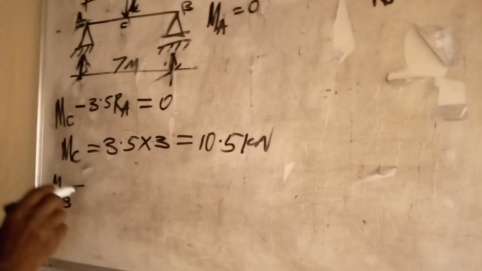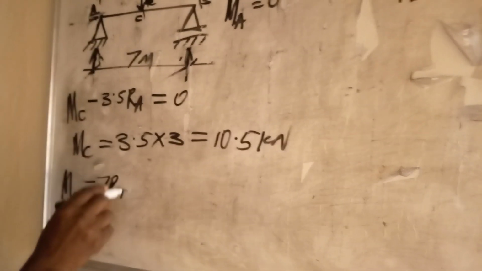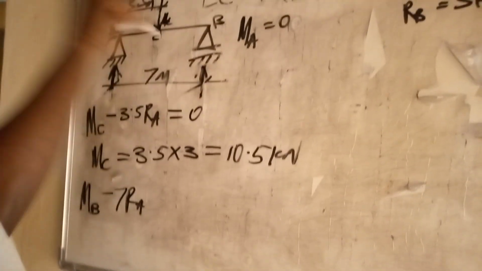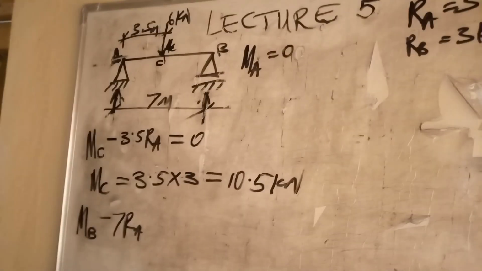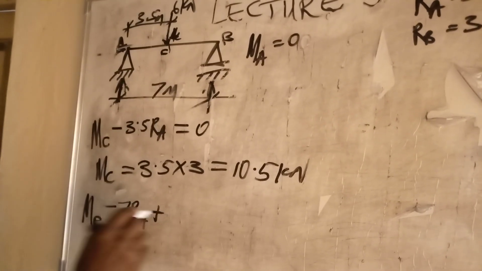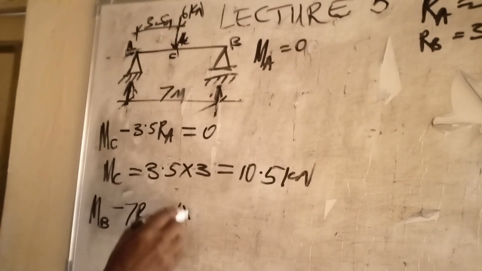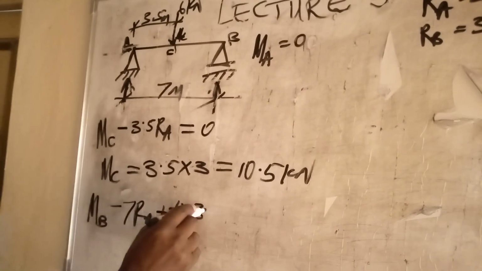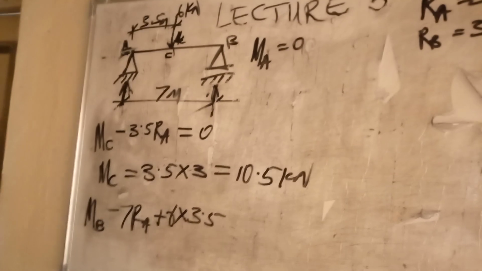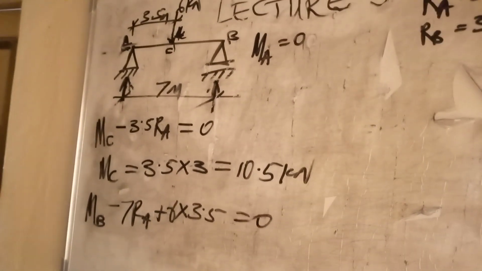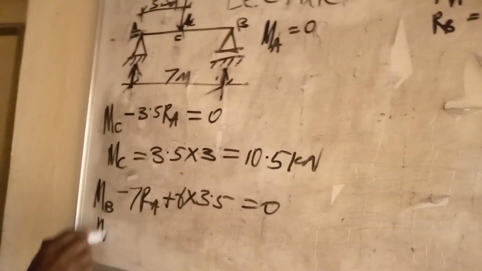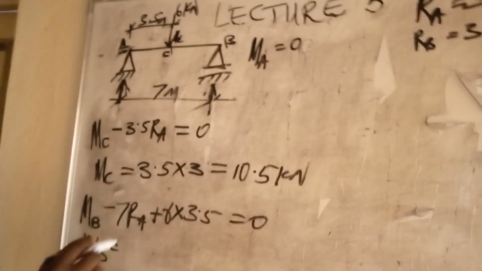That will be minus 7 RA. The 6 will be in the same direction, so it will be plus 6 times 3.5. For the point at B to be in equilibrium, it is equal to 0.